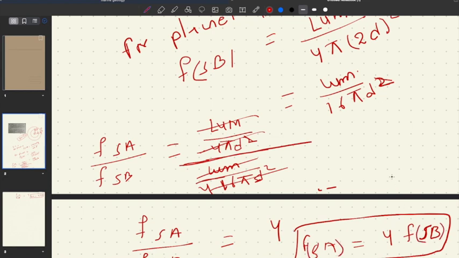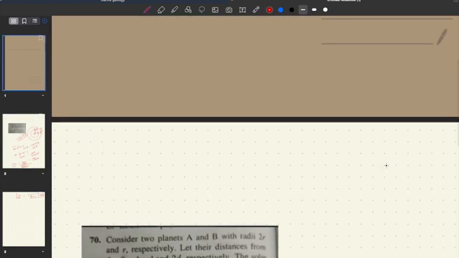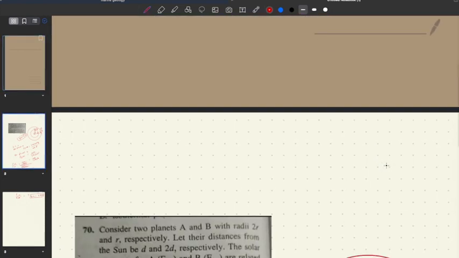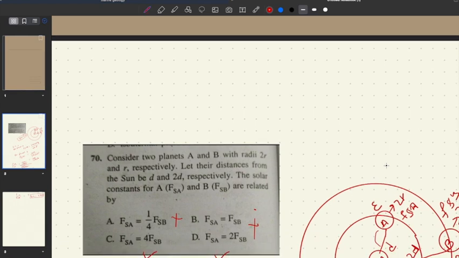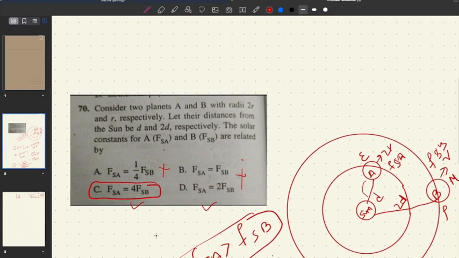Now let's see the options. Here we can see in the options, I told you that either C is correct or D is correct. Now C is correct, right? FSA is equal to 4 times FSB, and this is true also.